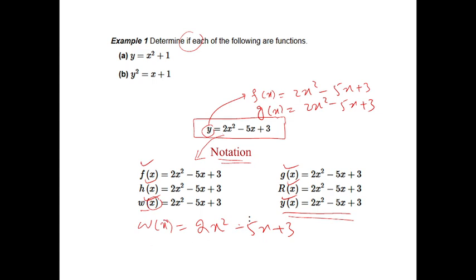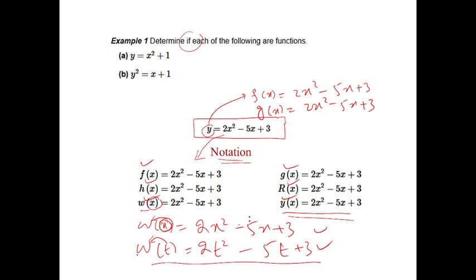If we have t here, it means on the right the variable t is there, t square minus 5t plus 3. So f of x doesn't mean f into x, and f of t doesn't mean f into t.